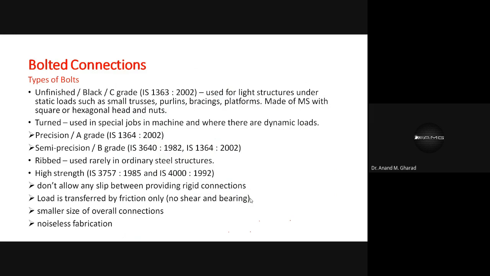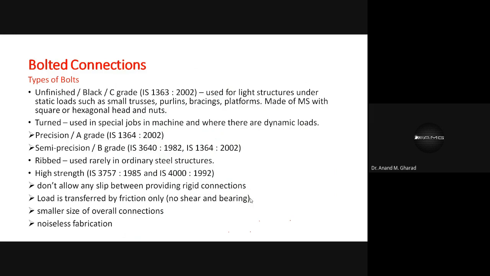Now slowly we will consider the first connection type, that is the bolted connection. The bolts are of different types. First type is unfinished, also known as black or C grade, which conforms to the IS 1363 2002 code.